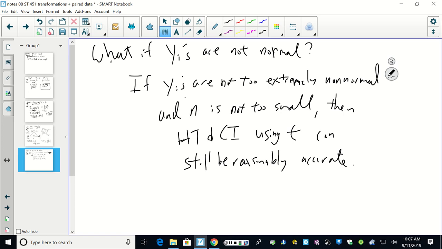One very large value pulls the mean up, pulls the standard deviation up, and it might happen that the intervals get shifted more often than they should, and so you miss the null hypothesis more often, or you're doing a test and it happens to produce a big t statistic. So this is reasonably accurate, reasonably messy, but accurate.